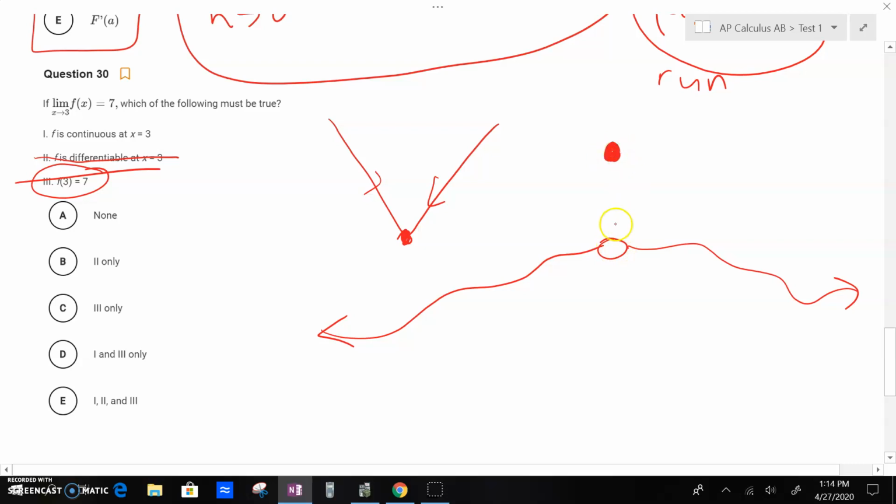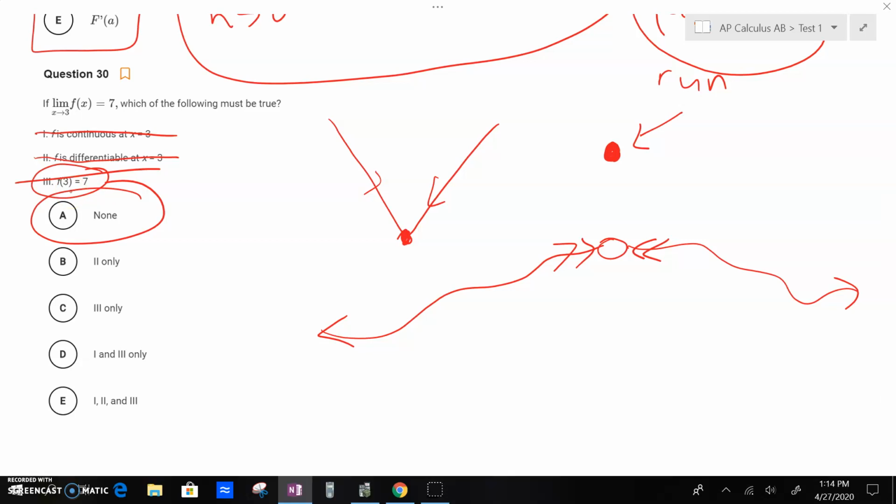We've removed a piece, it's this floating point up here. And we've got the function defined everywhere else. So the limit is existing, we're moving from the left and the right to the same location. So we don't actually have to be continuous either. And this is one of those rare situations where the answer is none. Kind of cool.